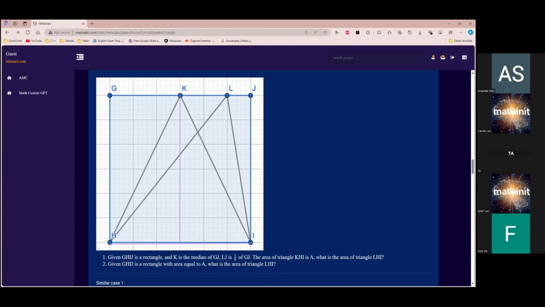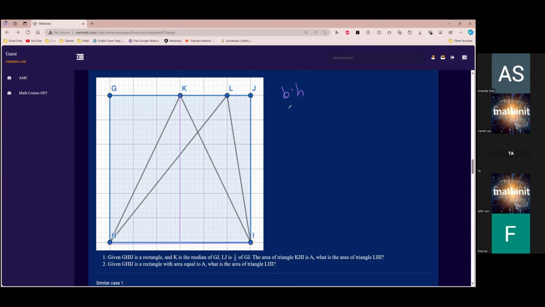And then for question 2, it says given that GHIJ is a rectangle where the area is equal to A, what is the area of the triangle LHI? The area of a rectangle is essentially just base times height, right? For rectangle GHIJ, the height and the base are the same as LHI.